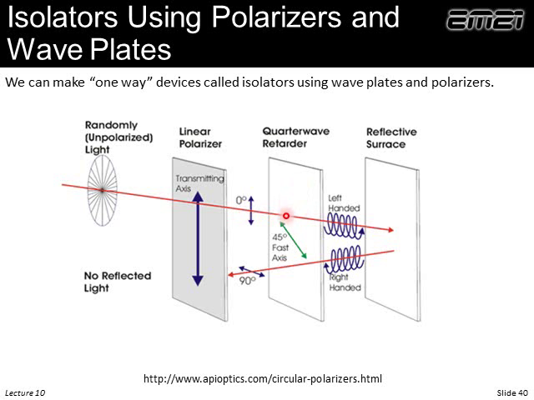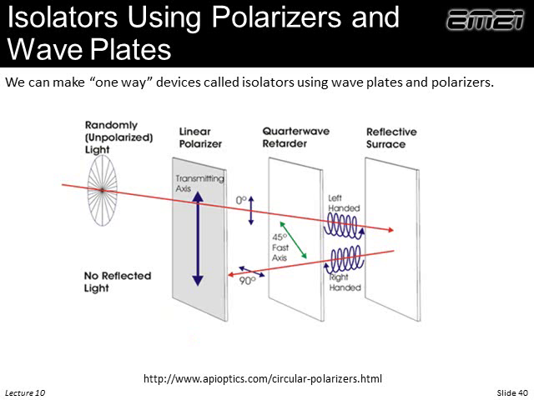Now it passes through a quarter wave plate, meaning we'll go from linear polarization to circular polarization, and it'll be left-handed. It could be right-handed or left, but let's say it's left-handed. What matters is when it reflects, it changes handedness. And so when it goes back through the quarter wave plate, what we have is our linear polarization now rotated 90 degrees, which will now be blocked by this linear polarizer.